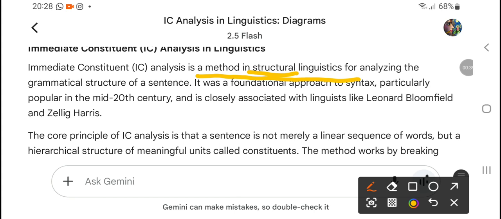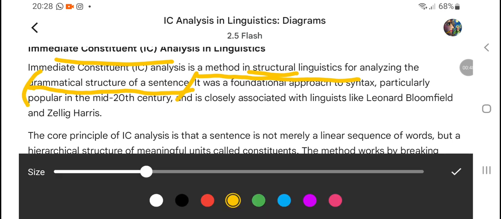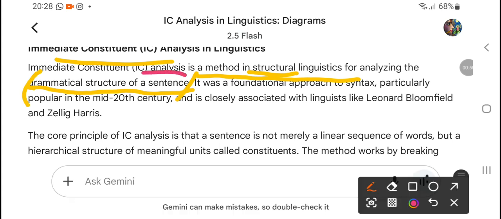The ultimate purpose of IC analysis is to find out the grammatical structure of a sentence. So please keep in mind that IC analysis is an analysis of the grammatical structure of a sentence.